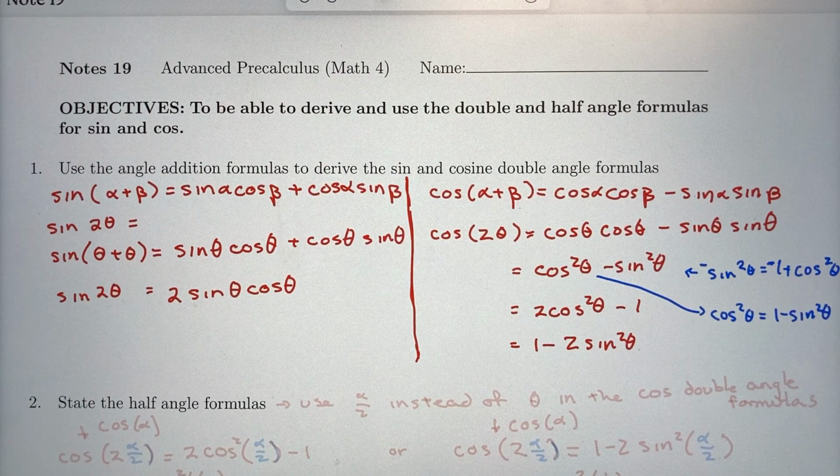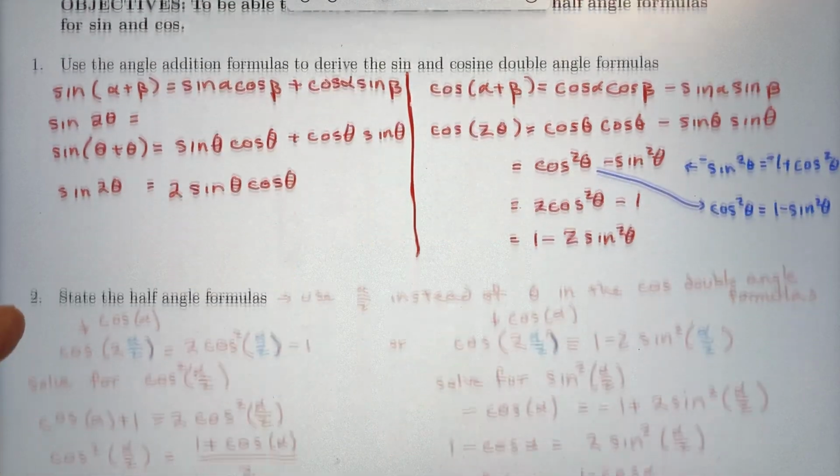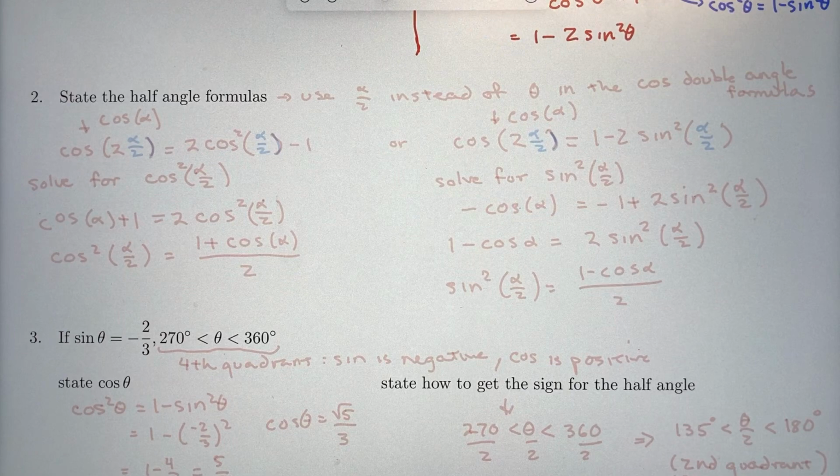Okay, so we're going to use that formula twice for the half angle formulas. So, first off, I'm going to use alpha over 2 instead of theta in those last 2 varieties of the cosine double angle formula.